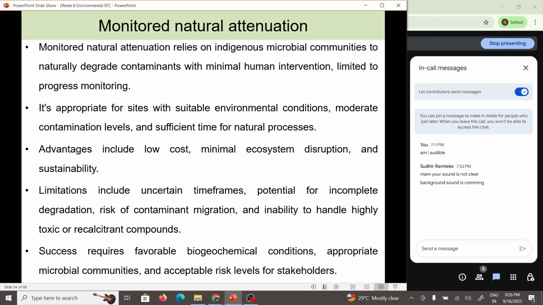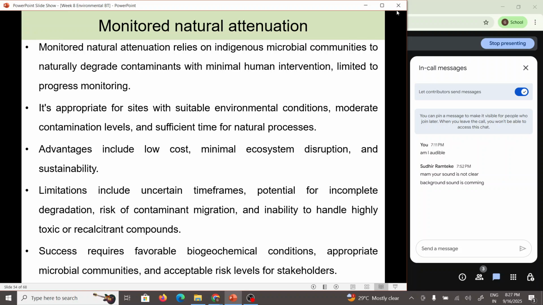We will not disturb or engineer the process that is happening, but from time to time we will see what the progress is and how much degradation efficiency is available in the process. So this is called monitored natural attenuation, and this is also a process of spontaneous bioremediation. It is appropriate for sites with suitable environmental conditions, moderate contamination levels, and sufficient time for natural processes.